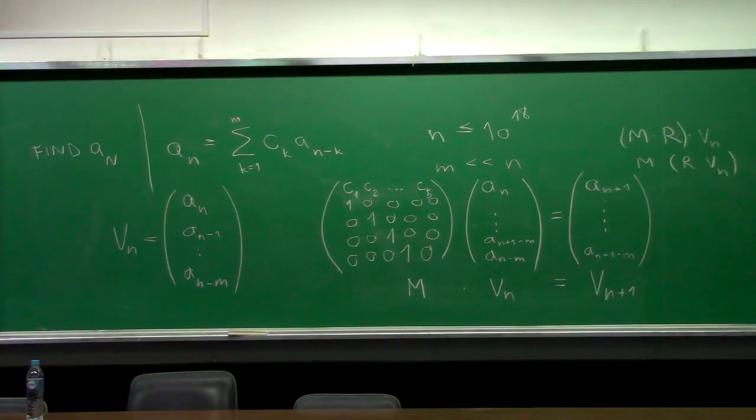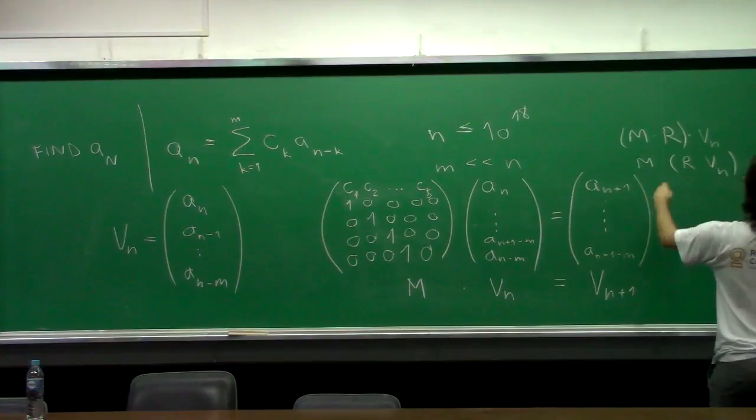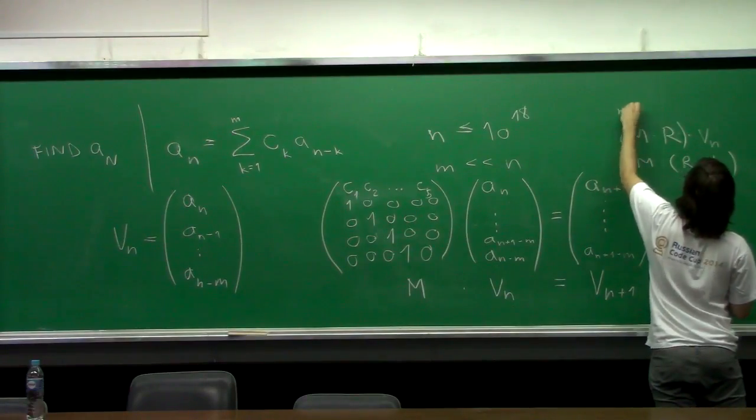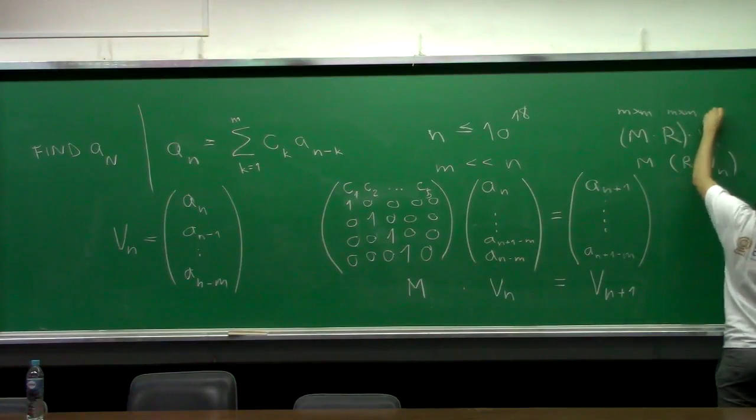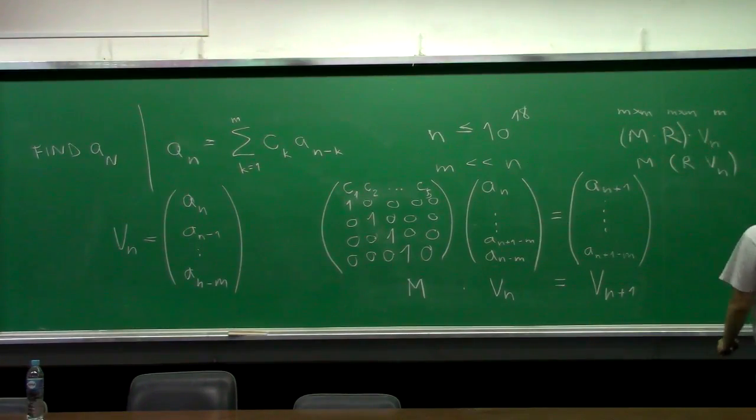Of course, the result is the same, but the time complexity can be wildly different. If we first multiply two matrices, the multiplication of two matrices is O(m^3), and the multiplication of a matrix and a vector is just O(m^2). This was an m times m matrix, and this was an m times 1 matrix, or just a vector of length m.